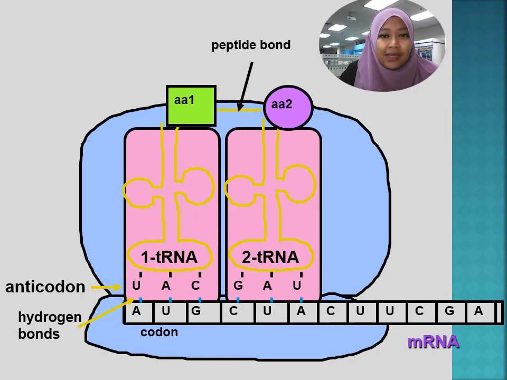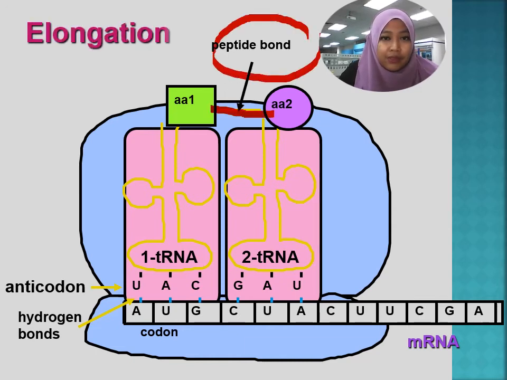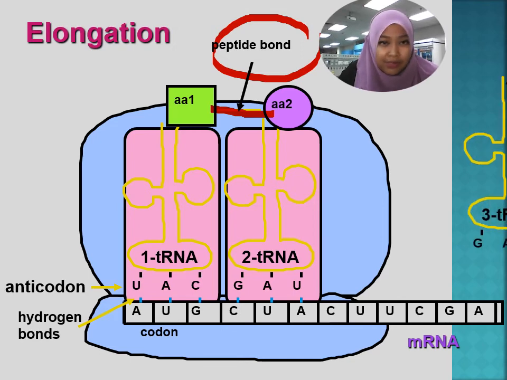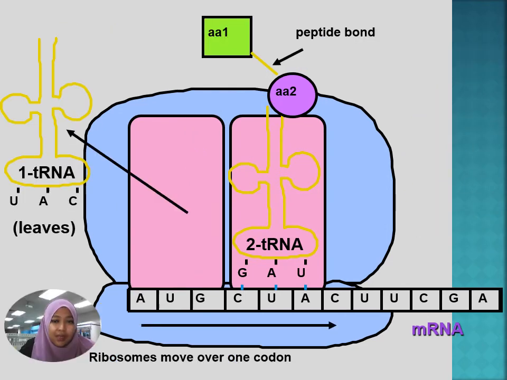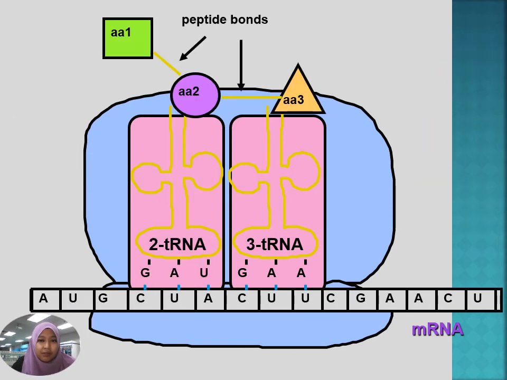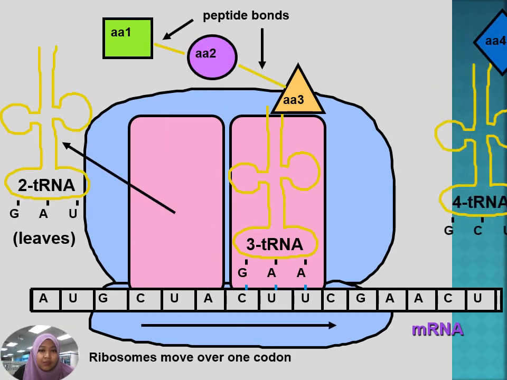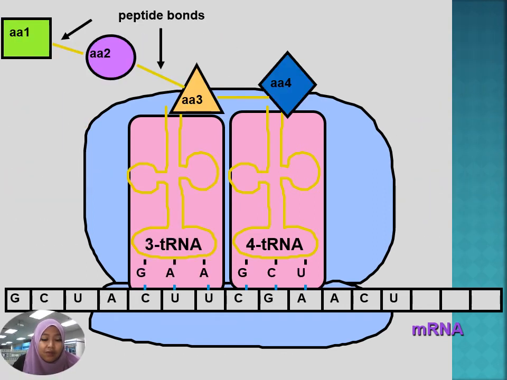Between amino acid number 1 and amino acid 2 there is a bond called a peptide bond. Then they go to the elongation process. When the third amino acid comes, the first amino acid leaves from this site and another one comes, until the whole mRNA is read.